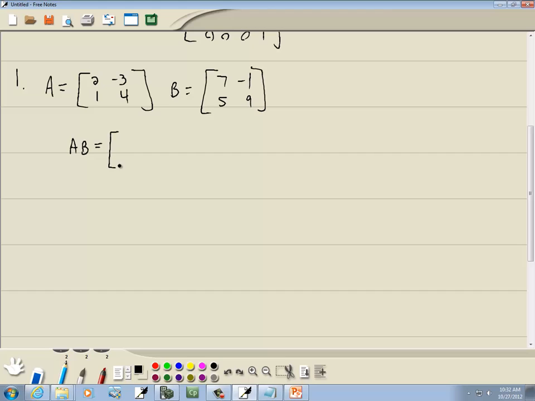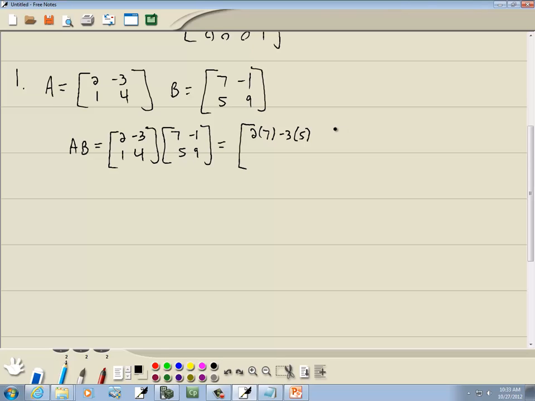Okay, so I'm going to take 2, negative 3, 1, 4, times 7, negative 1, 5, 9. Multiply this row times this column. So we got 2 times 7, negative 3 times 5. Then this row times this column.